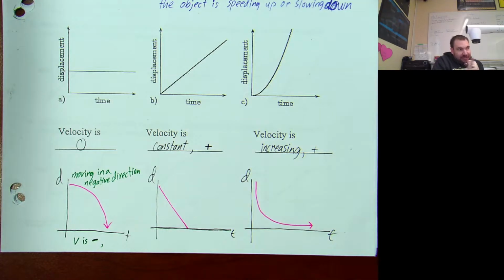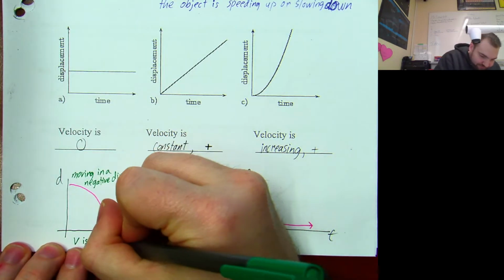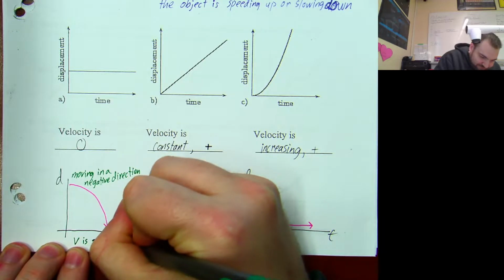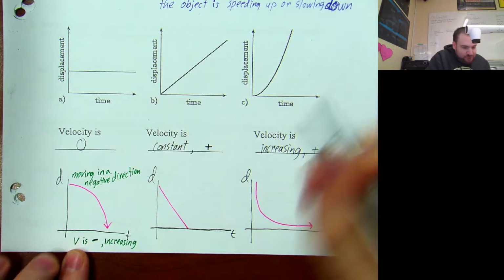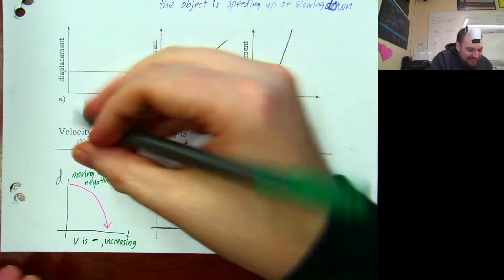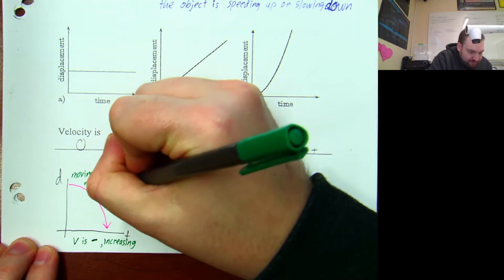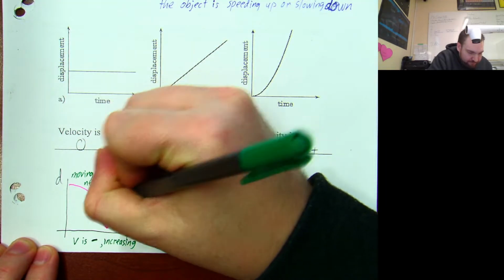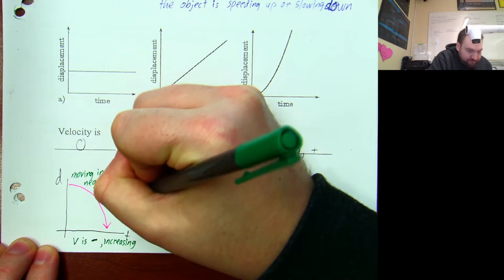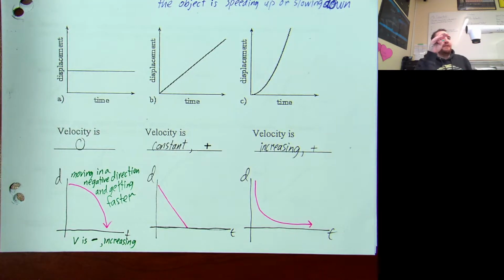So what's happening to the velocity of our object? It's increasing in a negative direction, yes. So it's moving in a negative direction and getting faster. Are you able to follow that reasoning? So that's why I really care about the language that we use here.